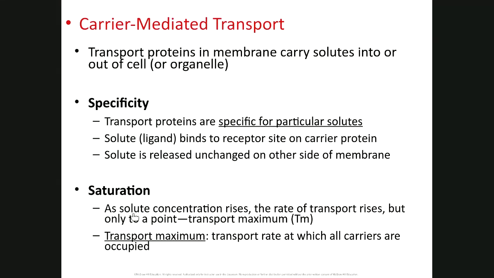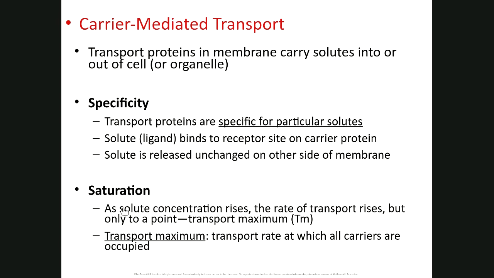Also, something about carrier-mediated transport is that it can be saturated, all right? And that's something you'll also talk about next semester, especially with glucose, is that these transporters can only carry so many items across at a time, all right?